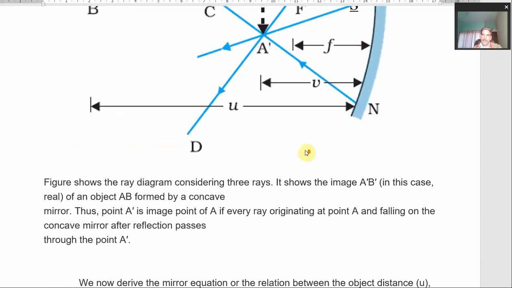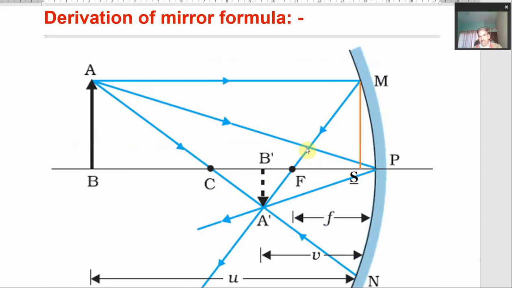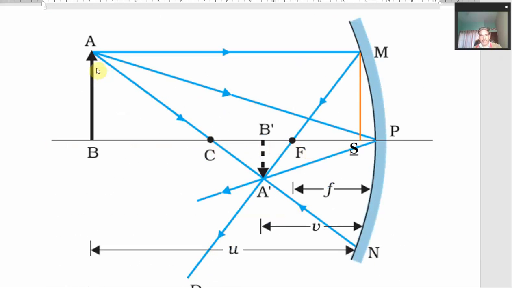Similarly, we take another set of two triangles. It is ABP, a right angle triangle, and A'B'P, another right angle triangle. Here also these two triangles are similar, because at least two angles should be the same for the triangles to be similar.